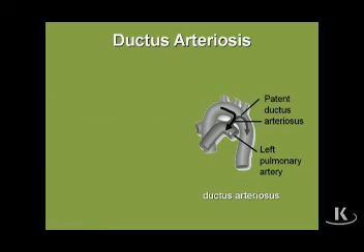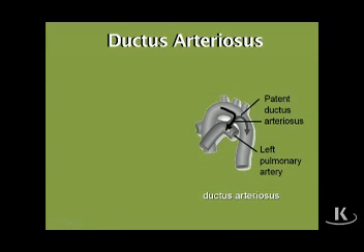It simply changes the direction of the shunt and converts it from a right to left shunt into a left to right shunt. Which means that if the ductus arteriosus remains patent, the defect known as patent ductus arteriosus, that defect will be a left to right shunt, which means it is not cyanotic. So patent ductus arteriosus is a non-cyanotic defect.